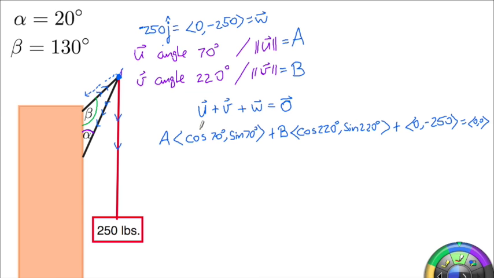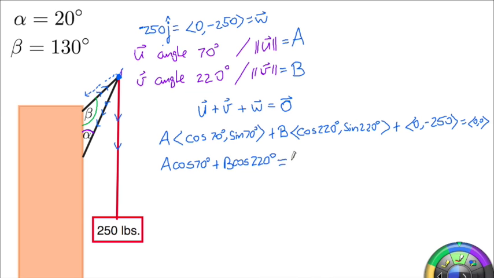So the i components are going to consist of a cosine of 70 degrees plus b cosine of 220 degrees, and then plus 0, which is really no big deal, and this will equal 0. It's a nice easy equation.